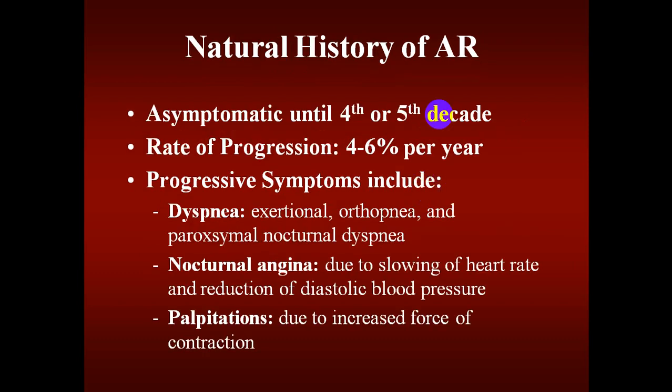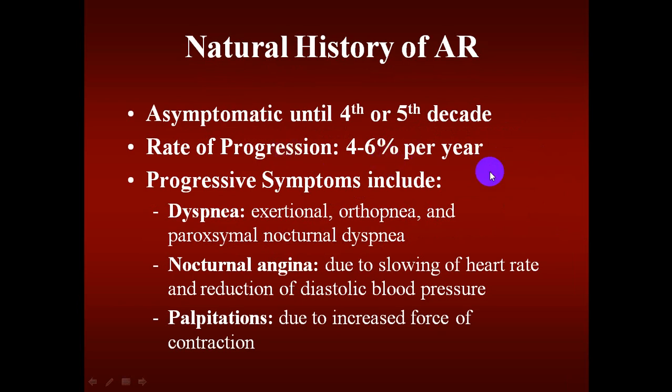In the natural history of aortic regurgitation, the patient is asymptomatic until the fourth or fifth decade. The rate of progression from asymptomatic to symptomatic is 4 to 6% per year.